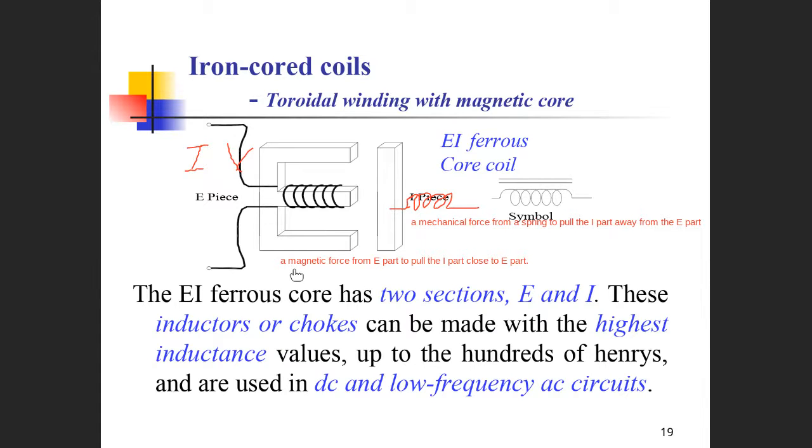So that's the usage of the EI type coilers in practice. We can use the current here to control on and off of the EI parts. I hope you understand the principles of it. So our task here is to analyze how to analyze an EI type magnetic circuit.